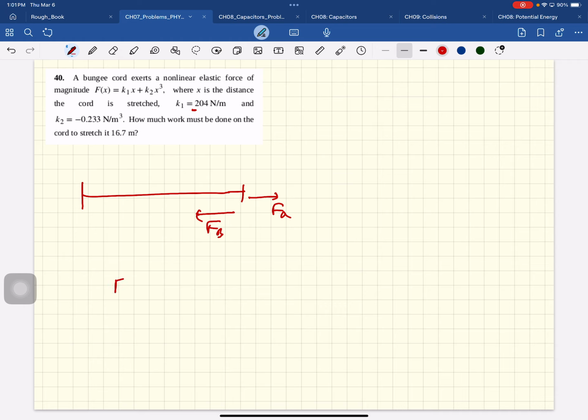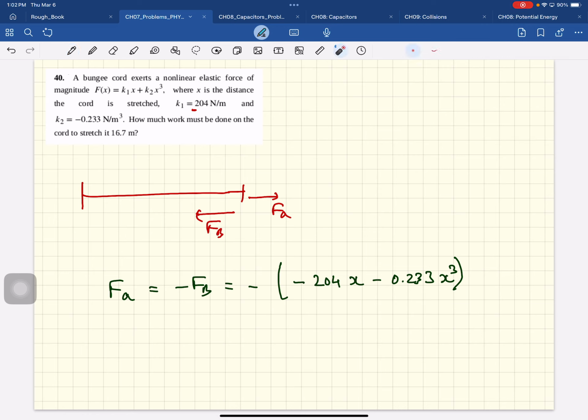So the applied force and the bungee force, this should be minus 204x minus 0.233 x cubed.